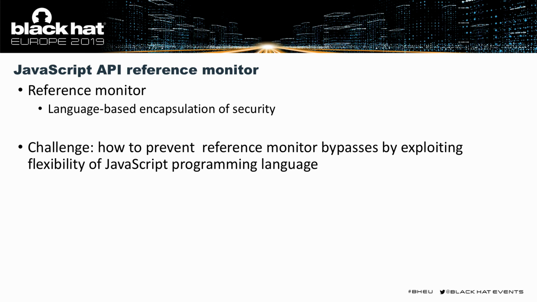And as there are sandbox escapes in a more standard way, there are language-based encapsulation escapes, which Abdul mentioned before. The challenge is how to prevent that reference monitor from leaking those references. Because if you think about the offensive part of the presentation, it was always some way to get access to some references and then pivot from there and access a critical resource, a critical reference.